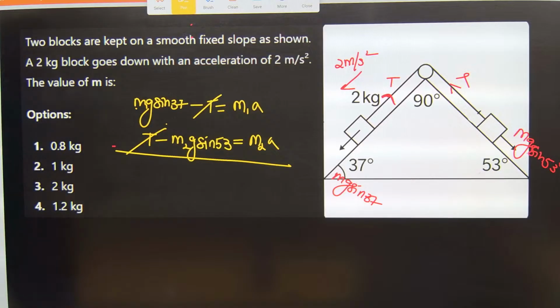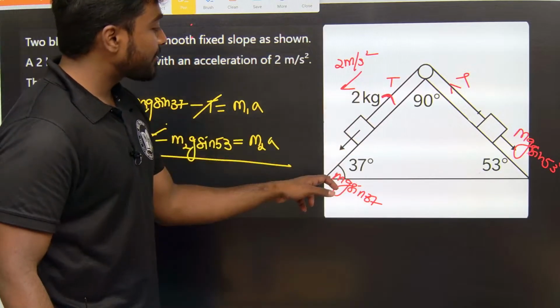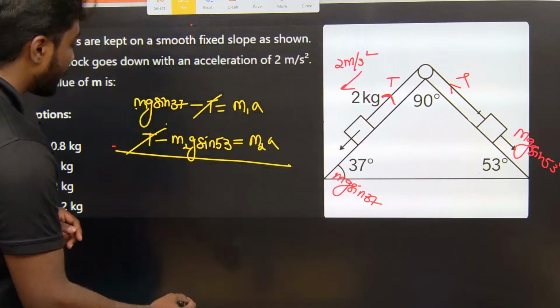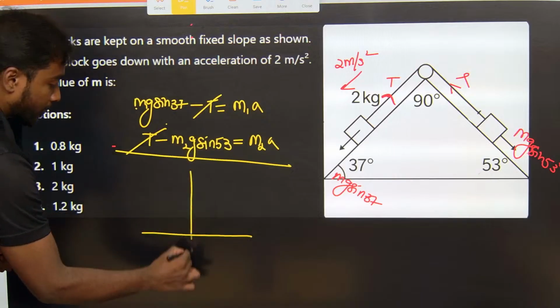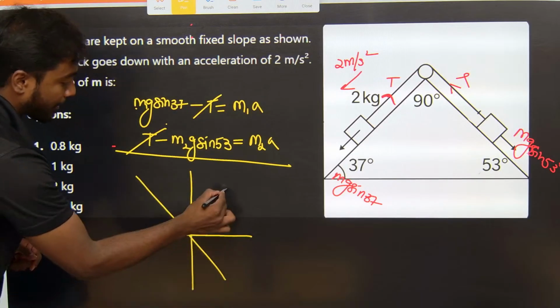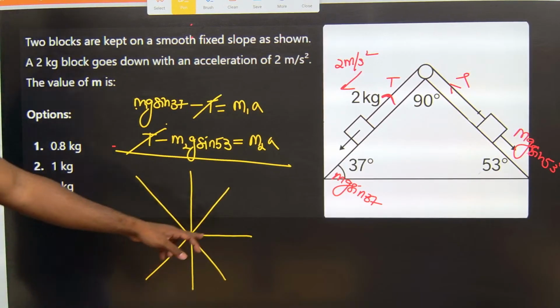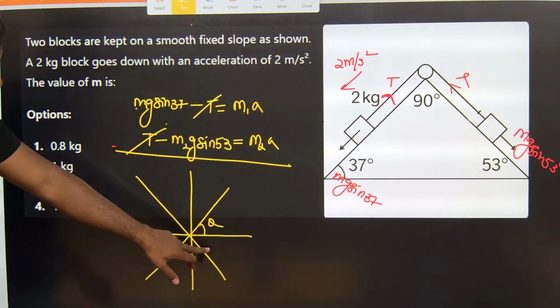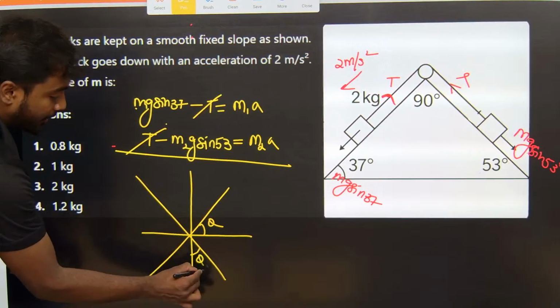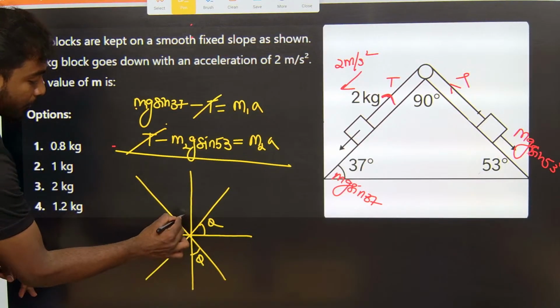So I will tell you a trick here to get this mg sin theta. Whenever you are getting a diagram like this, take 8 parts like this. Theta is there, so exactly you place the theta here. You should place the theta alternatively, so you will get 4 thetas.